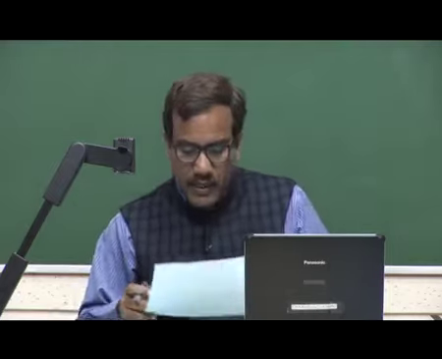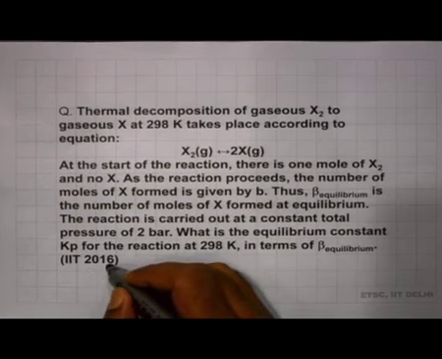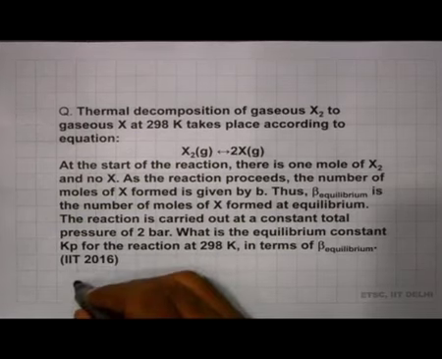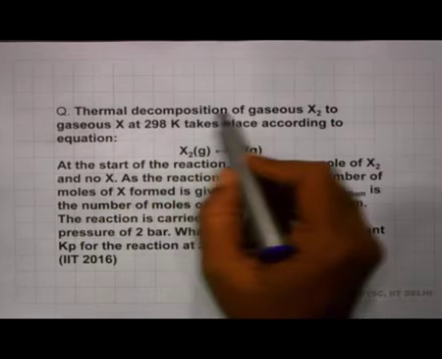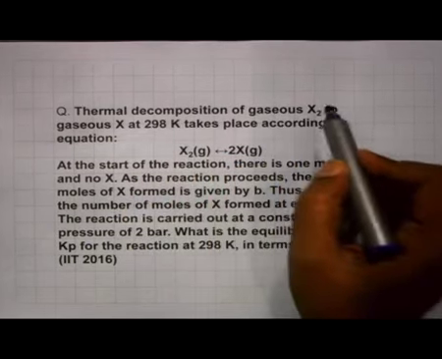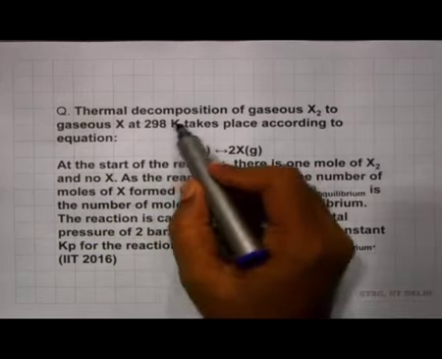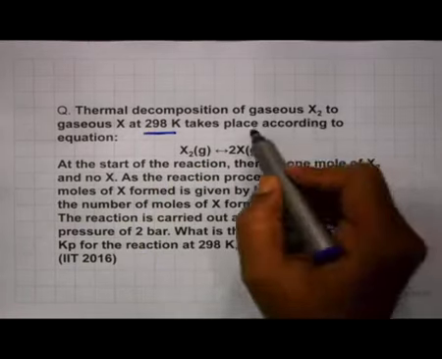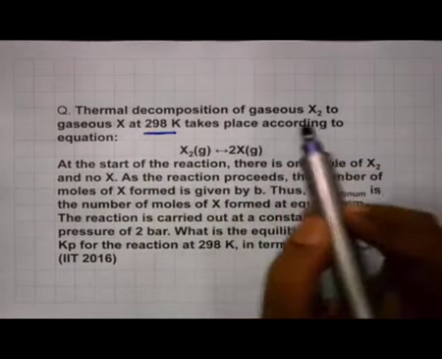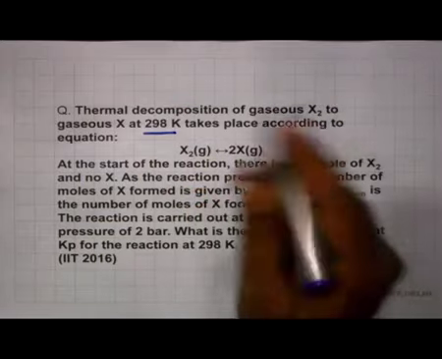Now, let us take the third question, and this came in 2016 for IIT Advanced. The question is: thermal decomposition of gaseous X2 to gaseous X, so it is basically a dissociation reaction, at 298 K takes place according to this equation. X2 is going to 2X, basically dissociation is happening.